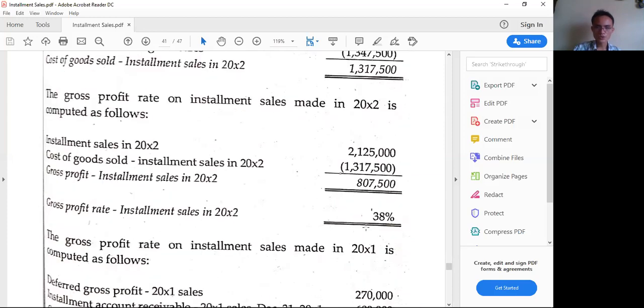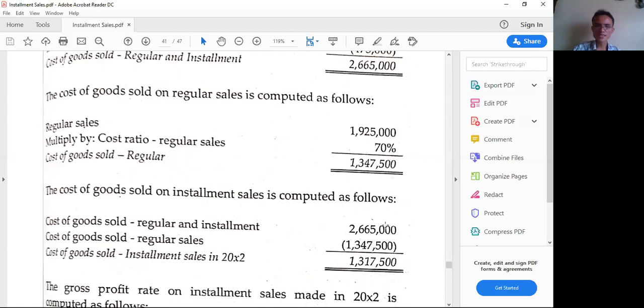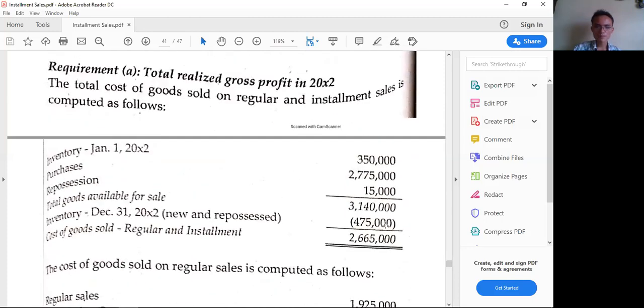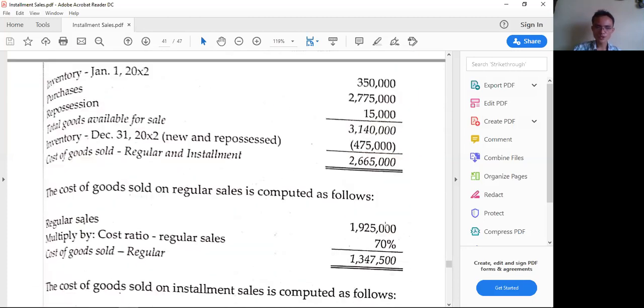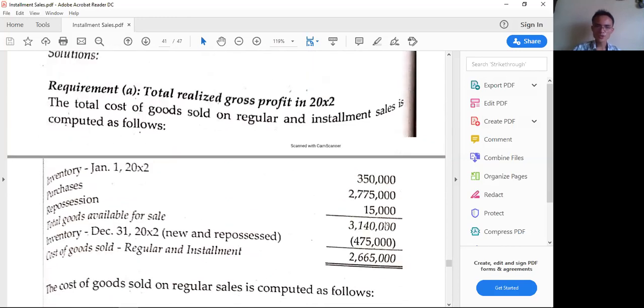Okay, so we need these two rates. And prior to that, we need to know first how much is the cost of goods sold that is to be properly allocated to the regular and installment. So what we did here was we first computed the cost of goods sold as a whole.